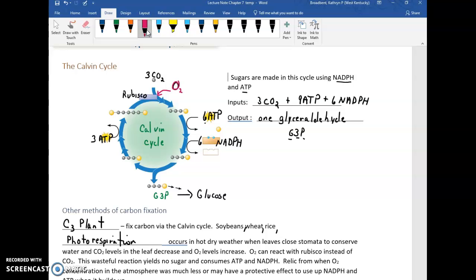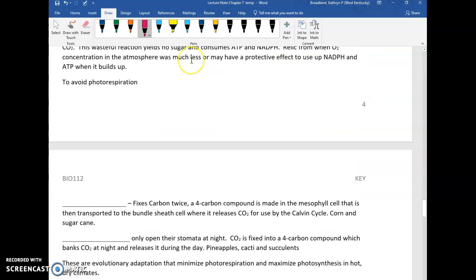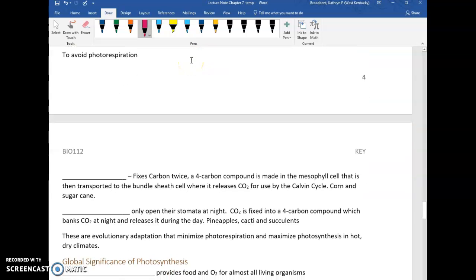So in areas that are hot and dry, where this reaction is a problem, there are 2 ways around it. To avoid this, we have C4 plants. C4 plants fix carbon twice.